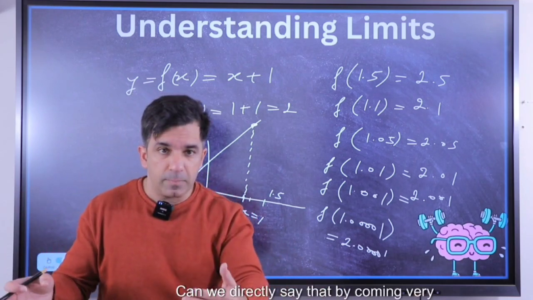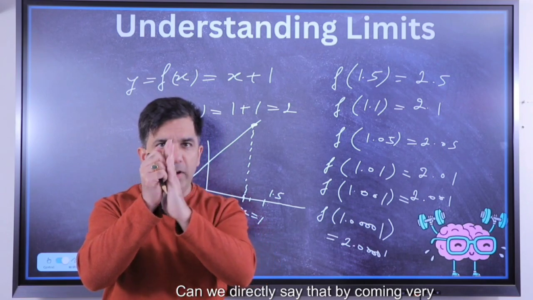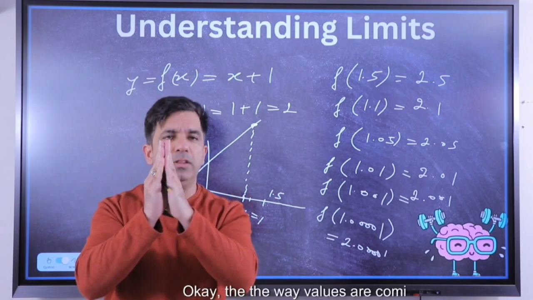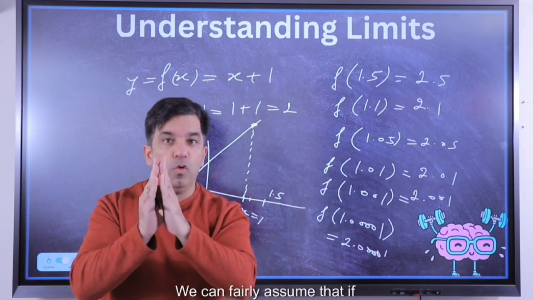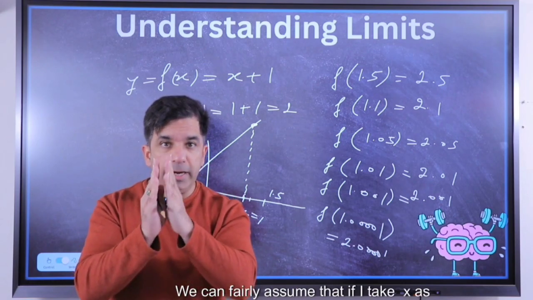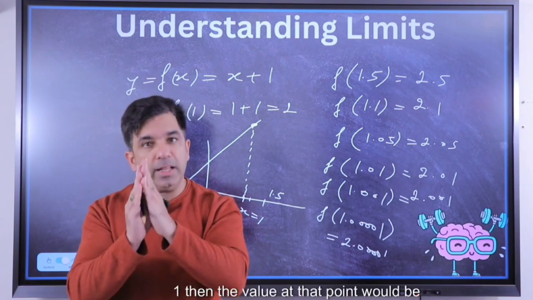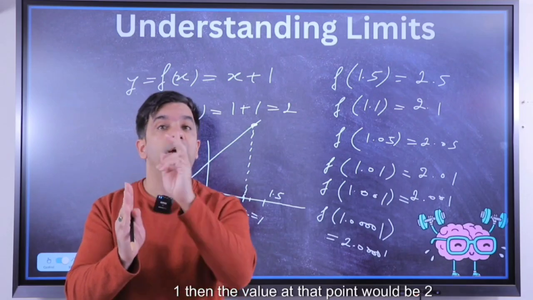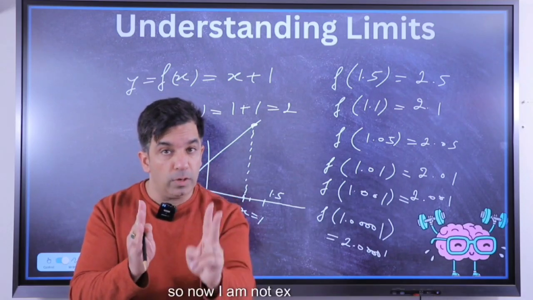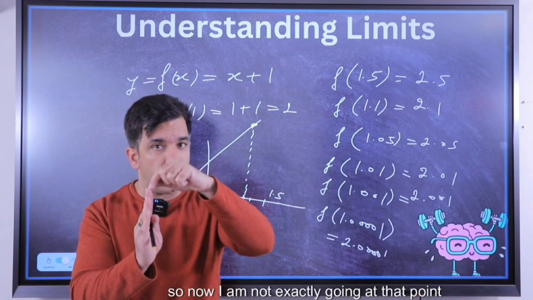Can we directly say that by coming very close to it, the way values are coming, we can fairly assume that if I take x as 1, then the value at that point would be 2.